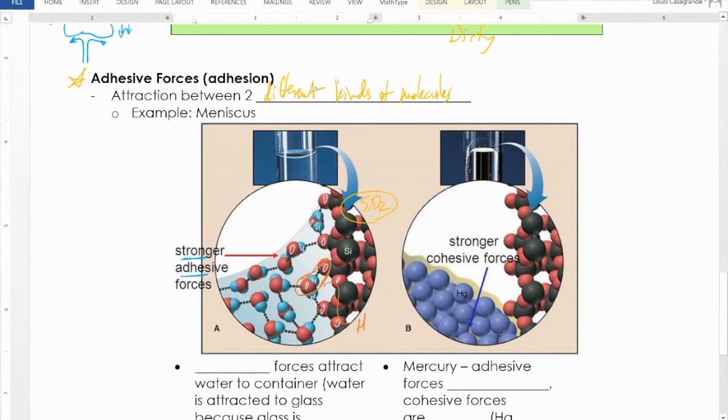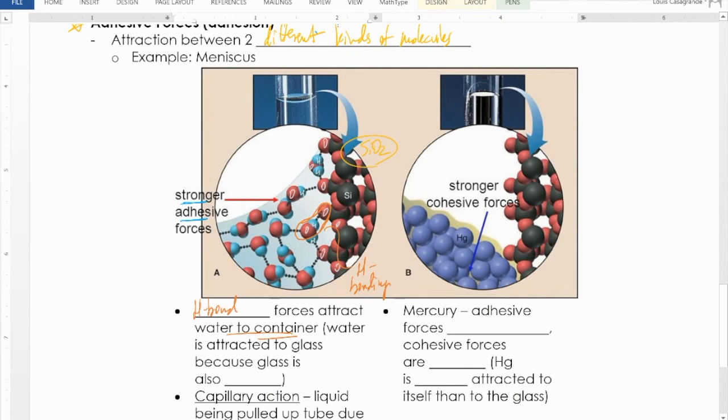That's hydrogen bonding. And hydrogen bonding, if you remember, is very strong. And so hydrogen bond forces attract the water molecule to the container. The water is attracted because glass is also polar, and again, it has that oxygen for hydrogen bonding.